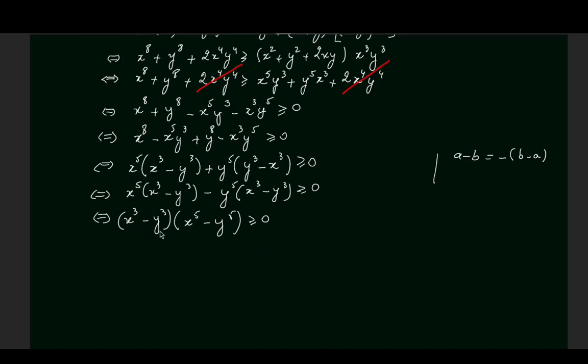Again, we can see clearly that these two numbers have the same form, x to the n minus y to the n, with n, of course, an integer greater than or equal to 2. So this is equal to (x minus y) times the sum from i equals 0 to n minus 1 of x to the i, y to the n minus i minus 1.